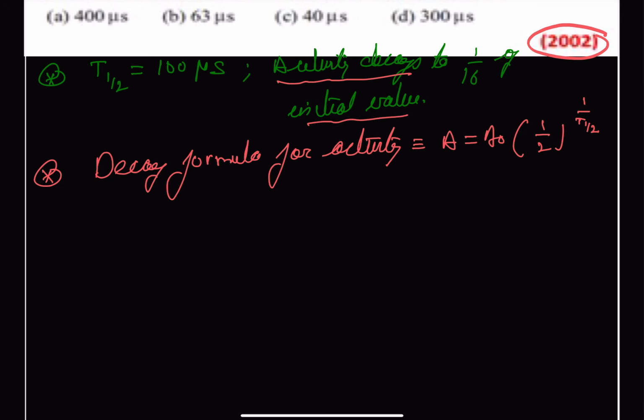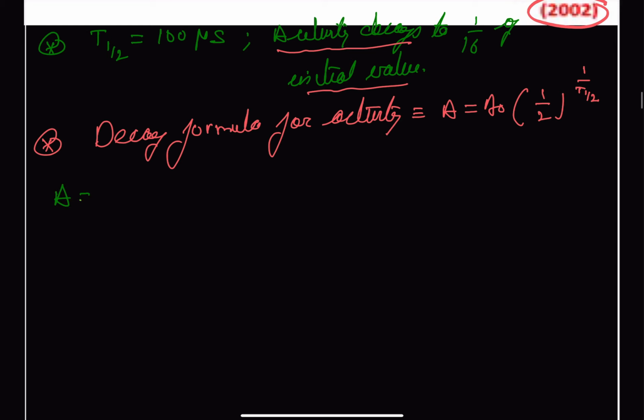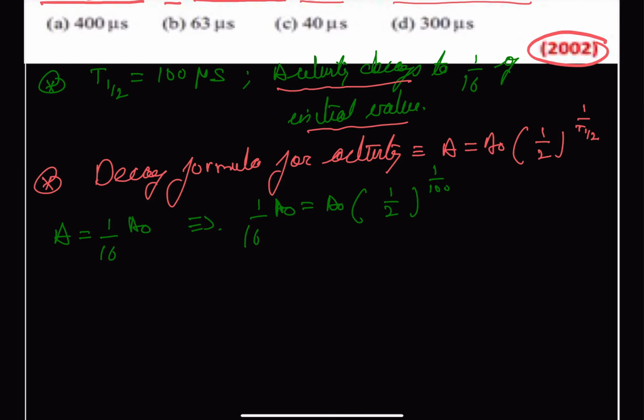So A is equal to 1/16th of A naught, so 1/16th A naught is equal to A naught (1/2) raised to T upon T half. Sorry, this is T upon T half, not 1 upon, my mistake.